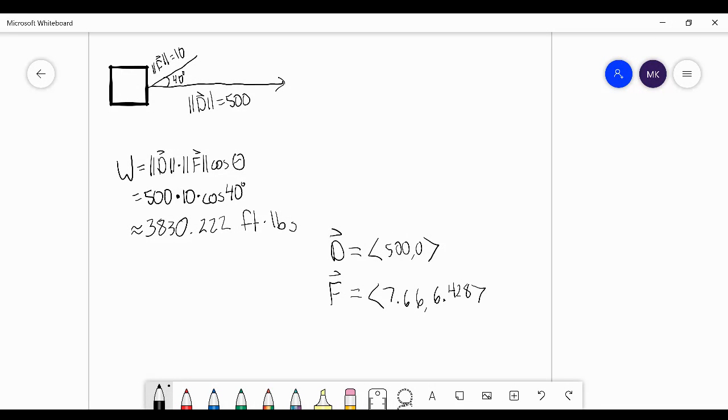So if we took the rough dot product of these, we would get what we're looking for. Okay, I'll leave that to you to check.